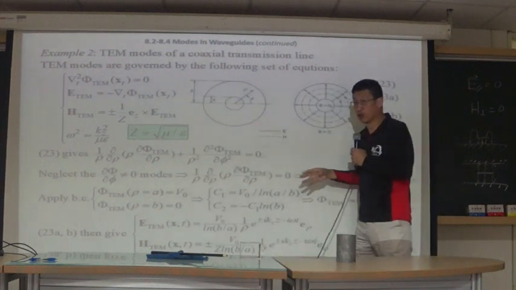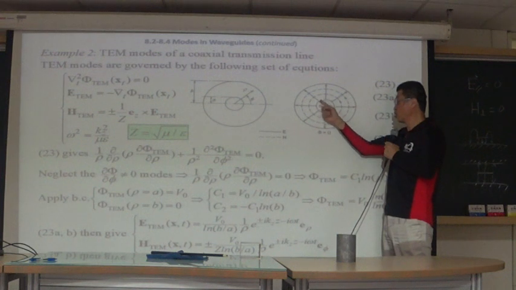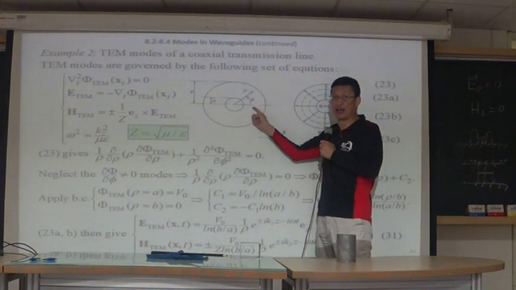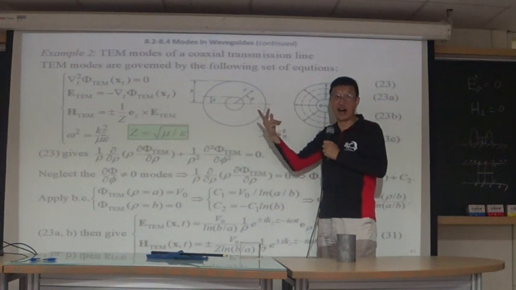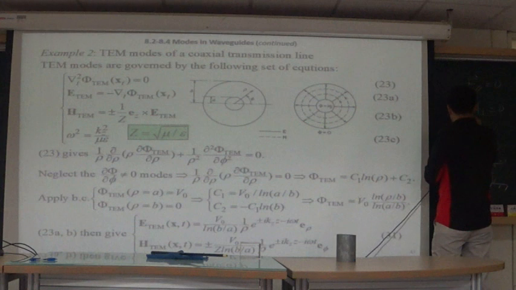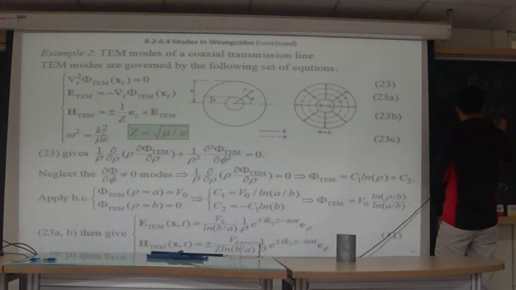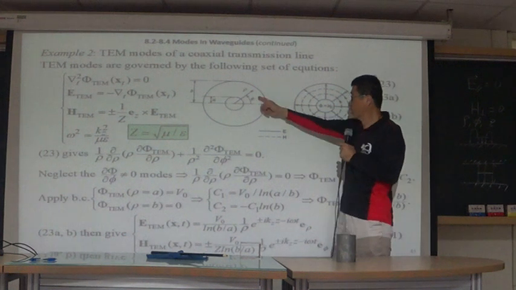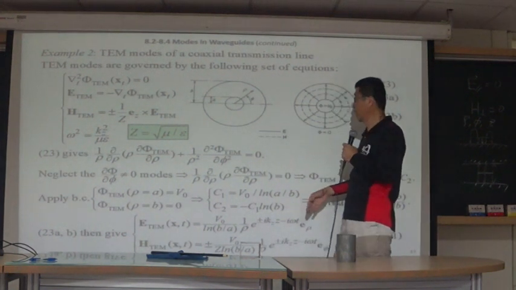For a cylindrical waveguide, a coaxial waveguide, we can use rho, phi, z. Rho, phi, z, okay?